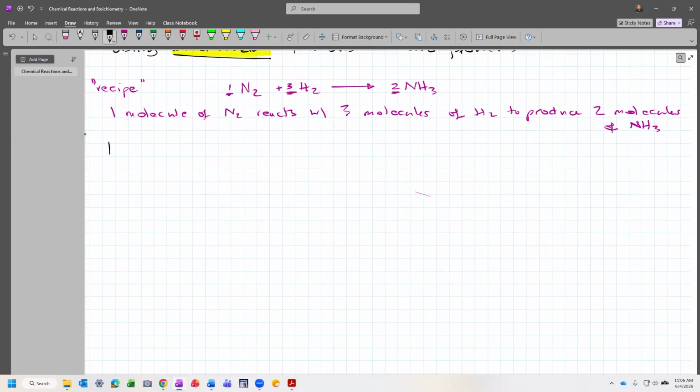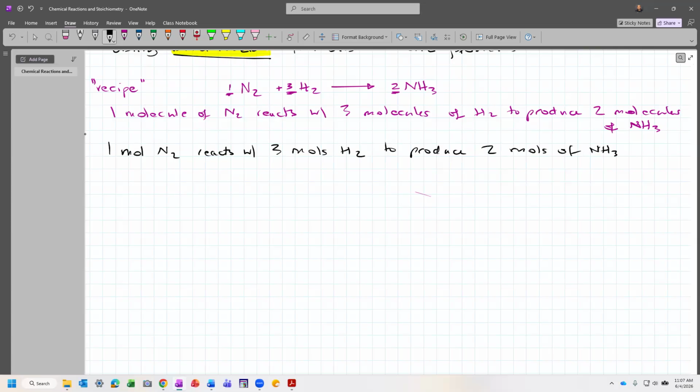So we can also say 1 mole of N2 reacts with 3 moles of H2 to produce 2 moles of NH3. And this is more realistic because a mole, remember, represents Avogadro's number of things, which is 6.02 times 10 to the 23. And that's more realistic in terms of the amounts that we can measure out in the lab.